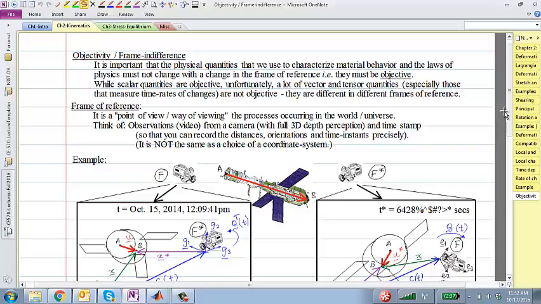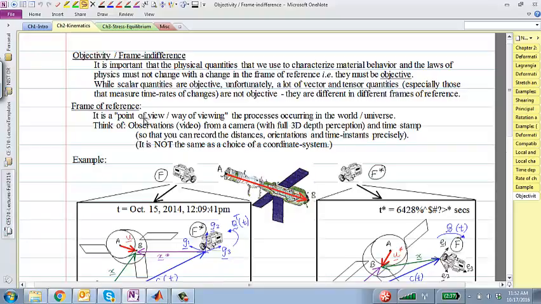If two different observers are observing the same physical process, they should not come up with different conclusions, right? So objectivity means that we need to define our physical process using quantities that do not change when I change the observer.